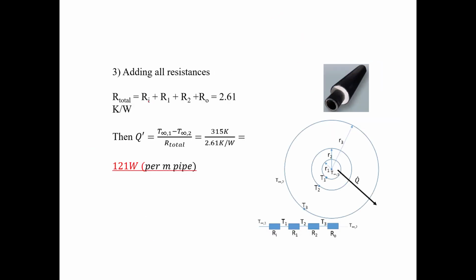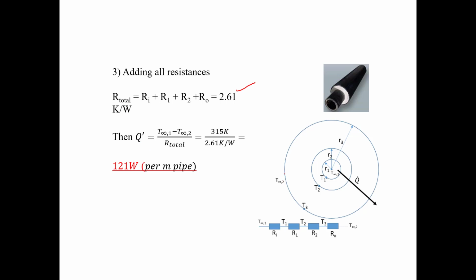So once we know all the individual resistances, we can sum them up to get the total resistance, because all these resistances are in series, and we have the overall resistance of 2.61 kilowatt.